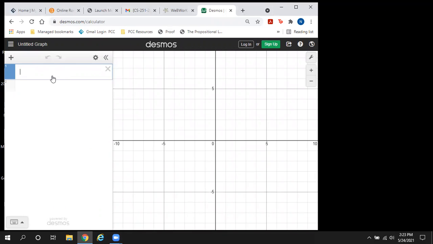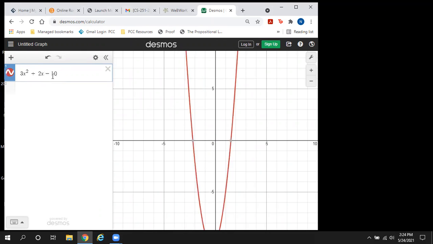So here I've got, let's say my blue line is f of x. So I'll say 3x squared plus 2x minus 10. Okay, so here's my line. And here's my first g of x. G of x equals 1 times x squared. Okay, and then 4 times x squared.